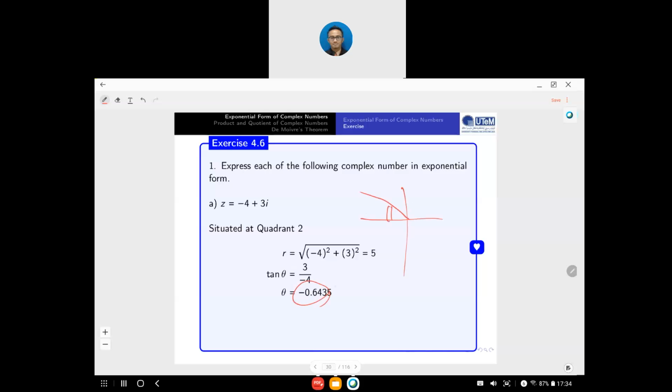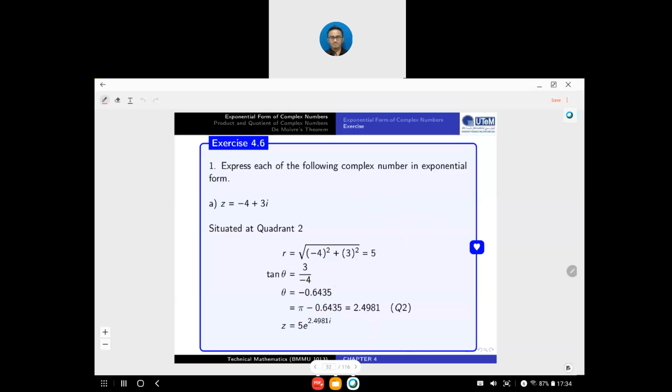So theta equals pi minus this value, and you get 2.4981. Then you can write your answer in exponential form: z equals 5 e to the power of 2.4981 i. That is question 1a.